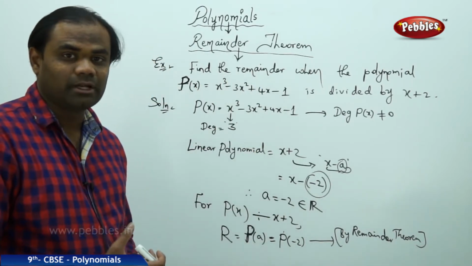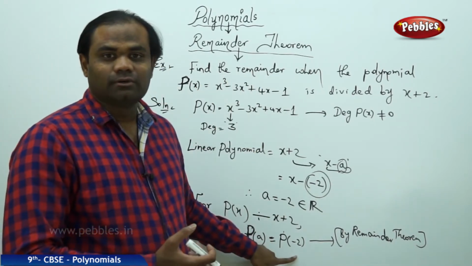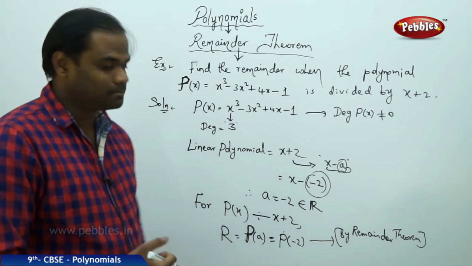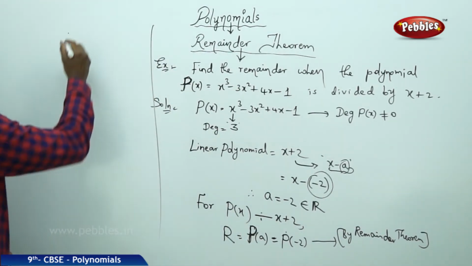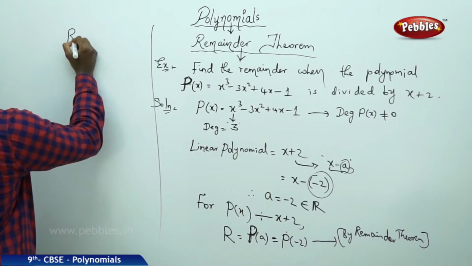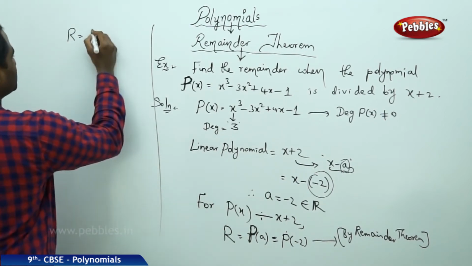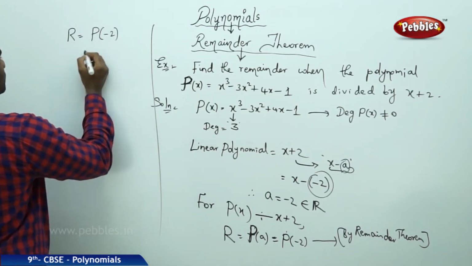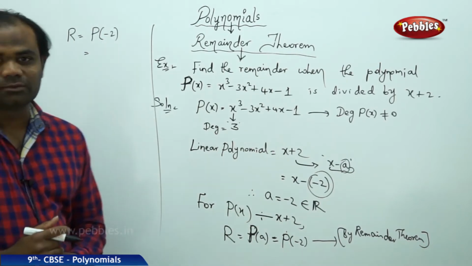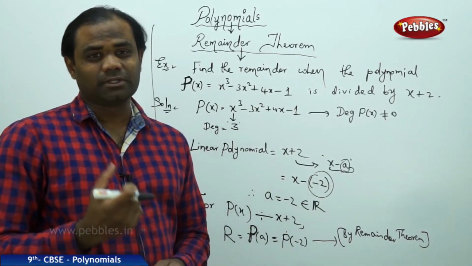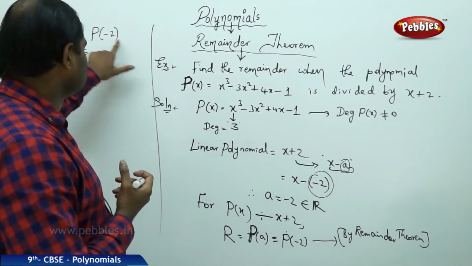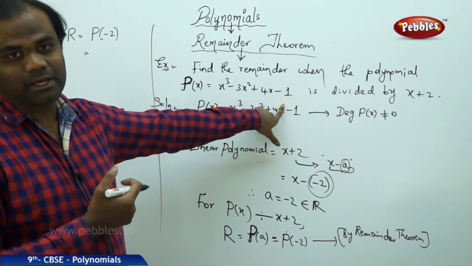So let's see how the remainder can be evaluated for this p of minus 2. When I evaluate this, I get the remainder, which is p of minus 2, and p of minus 2 is the value which is obtained by substituting the value of x equal to minus 2 in the given polynomial p of x.